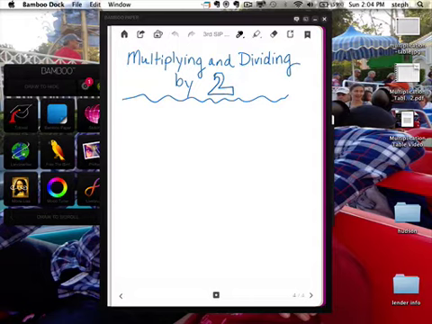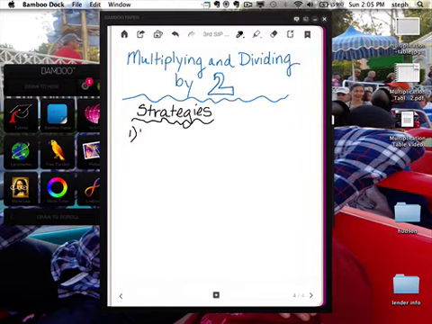When you do multiplication and division, you want to use 2 strategies, and we've used those so far. One strategy, so we'll write the word strategies. Strategies are just ways in which to solve a problem. One strategy is to use an array.